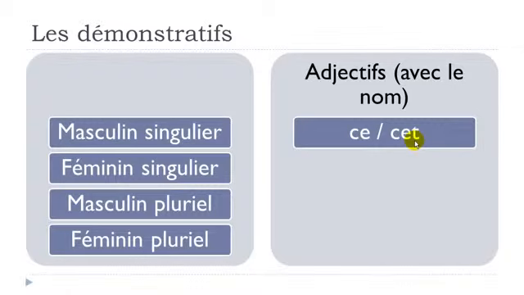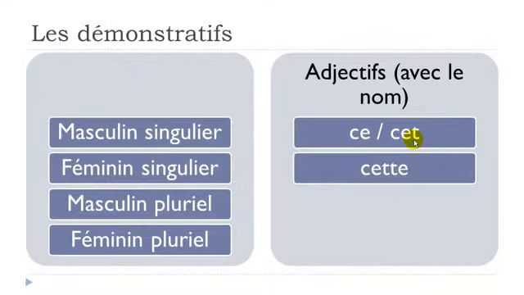Remember this h letter in French is not really pronounced. So when you get a word starting with the sound of a vowel, you will have to use this cette adjective. And then the feminine form is cette, like that.